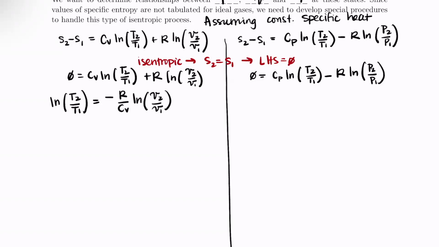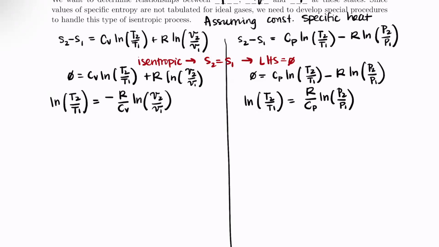And similarly over here, so I have natural log of T2 over T1 is equal to R over Cp natural log of P2 over P1.